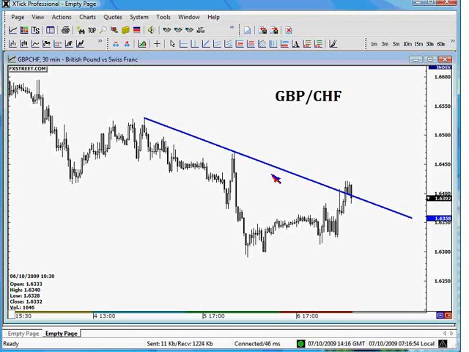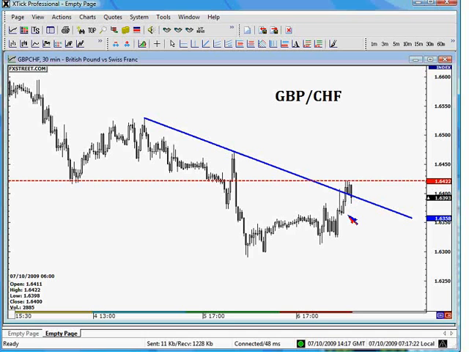We just broke above this 30-minute pound Swiss entry line this morning. And the currency pair just can't seem to deal with this break. It's just not dealing with the movement. It doesn't want to continue, at least right now. And it just got stopped cold at 64.22.